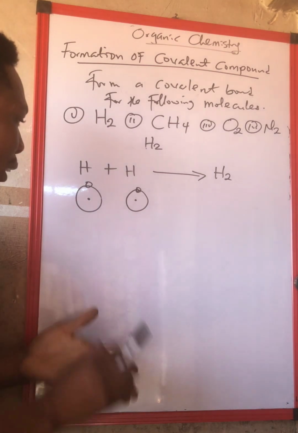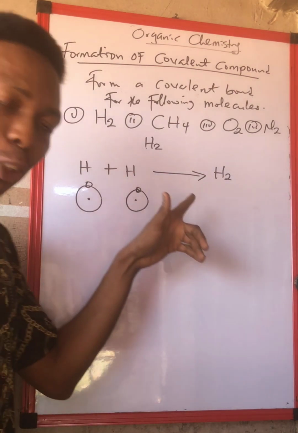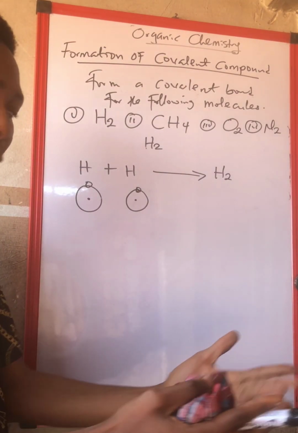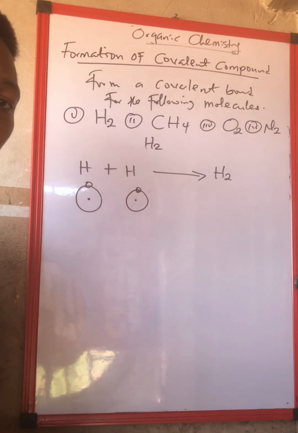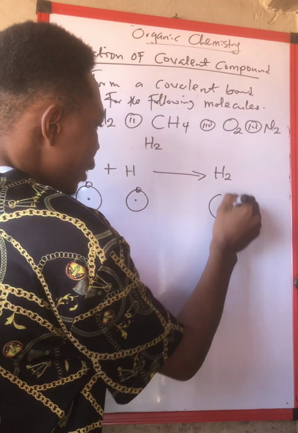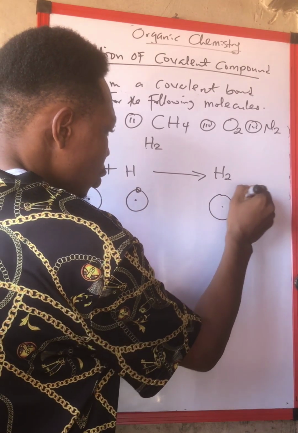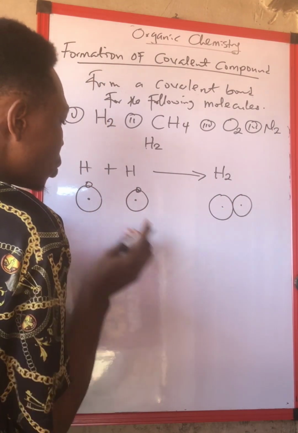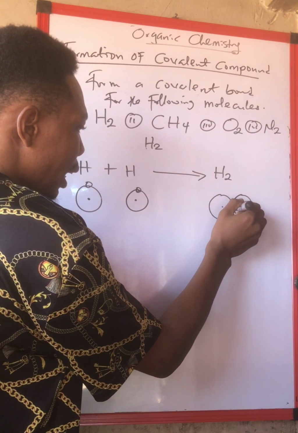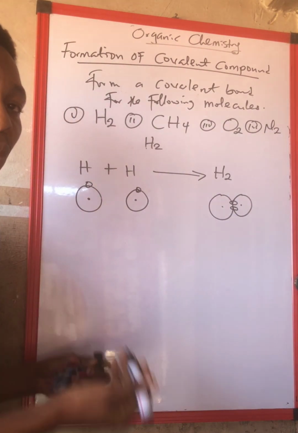What happens is this one will bring its electron, and this one will also bring its electron, to form a pair. This gives us a covalent bond. So both of them come together, and once they come together, we have this and this.